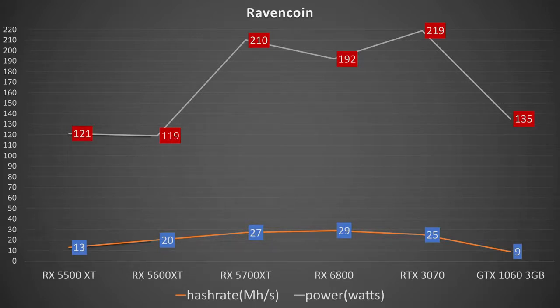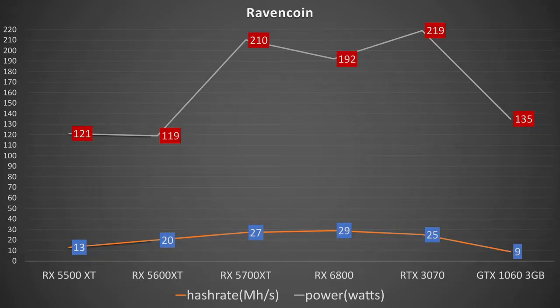On the RX 6800, as you can see here, we have 29 megahash a second at 192 watts. The RTX 3070 comes in at 25 megahash a second with 219 watts. And finally, the GTX 1060 3 gigabyte, which is the only other card that I have currently testing, at 9 megahash a second at 135 watts.